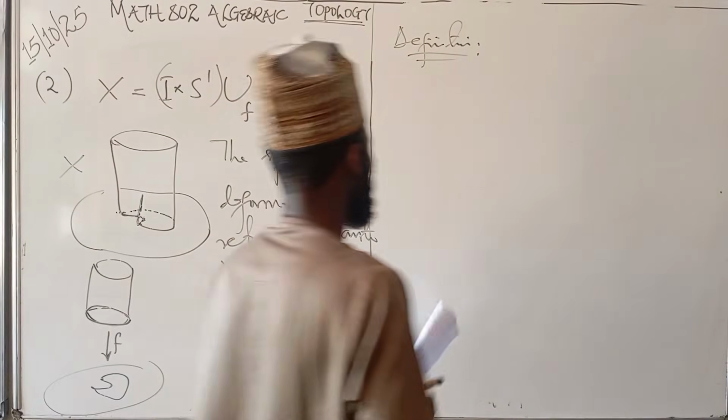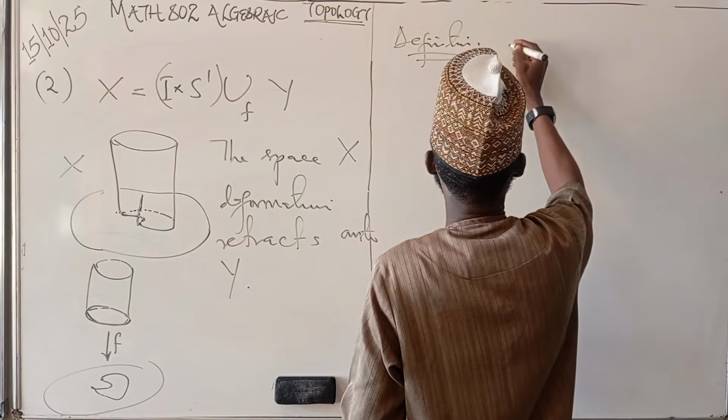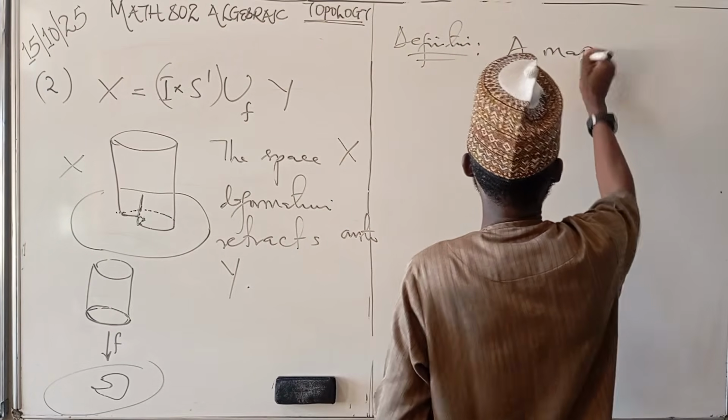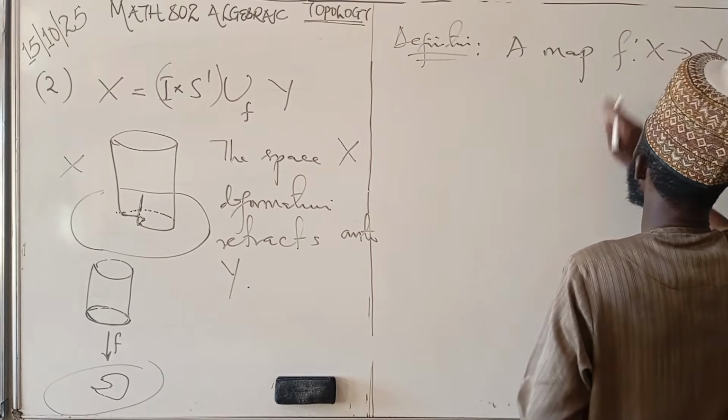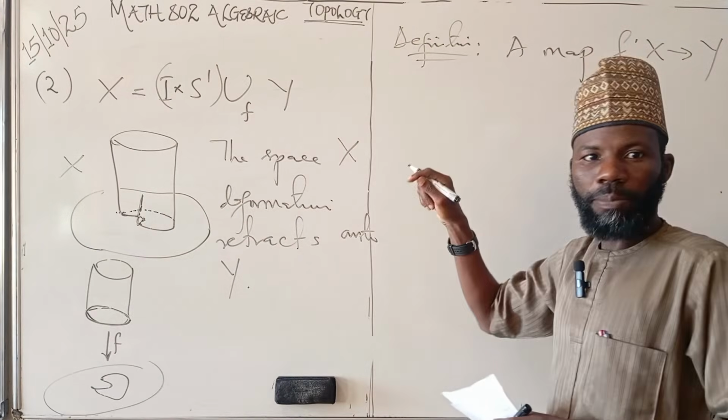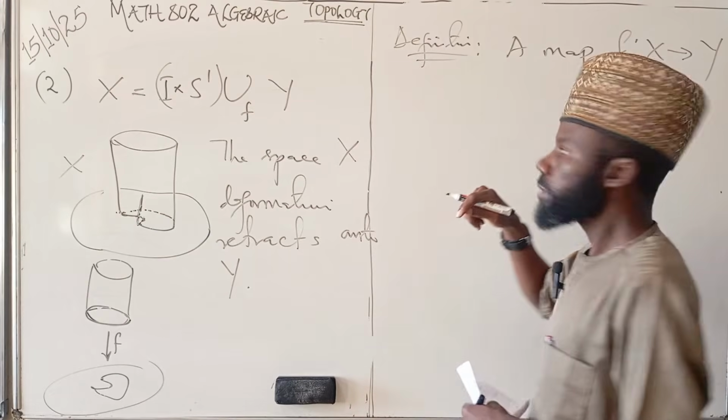But let me now formalize it. So a mapping F from a topological space into a topological space. Please, a continuous mapping.